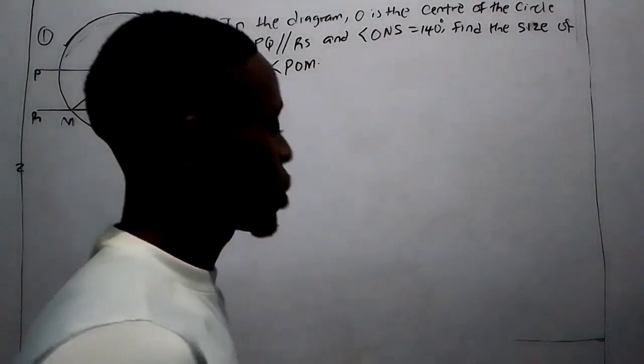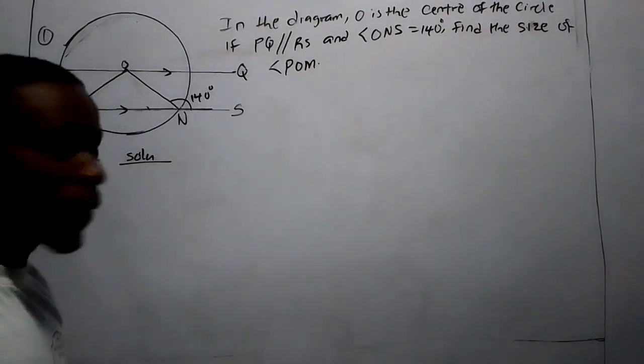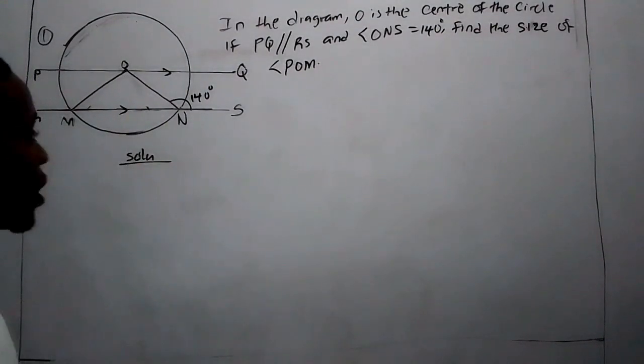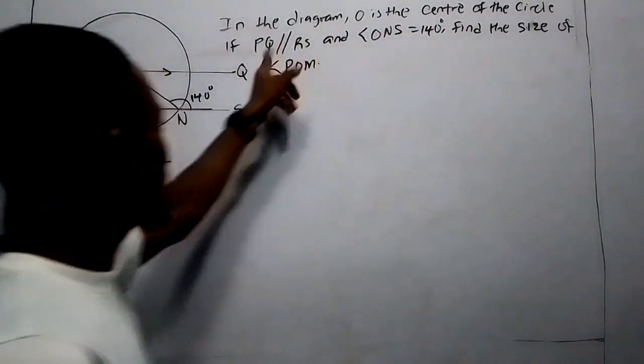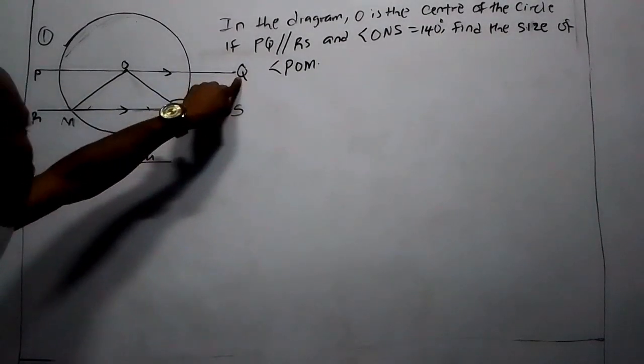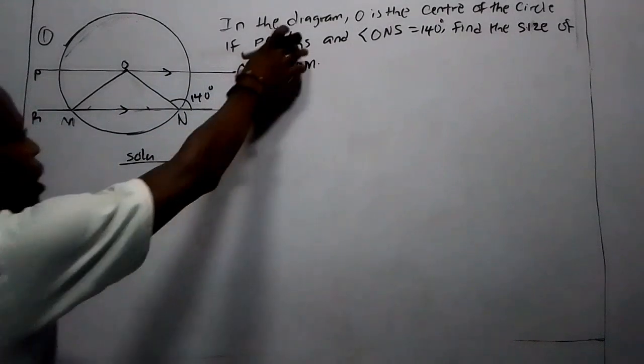So how do we solve this question? It's very simple. First thing you have to observe: we have a circle geometry here, and the statement says that PQ is parallel to RS, which means they are parallel to each other.